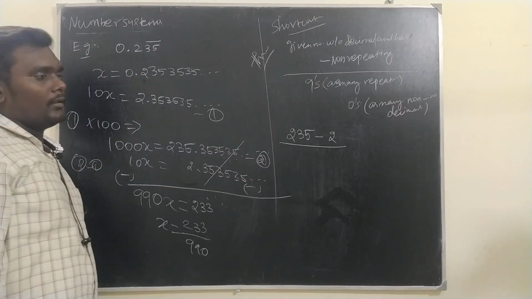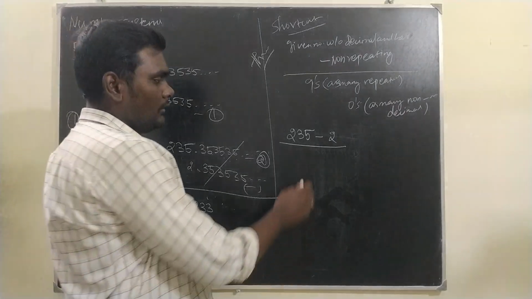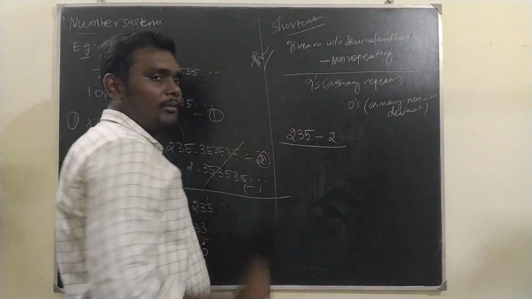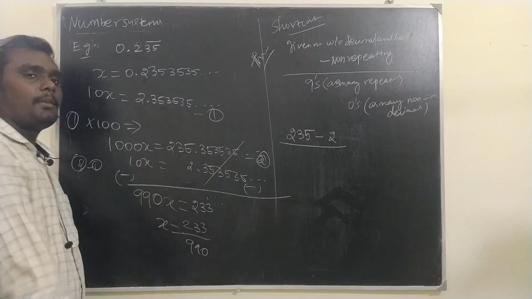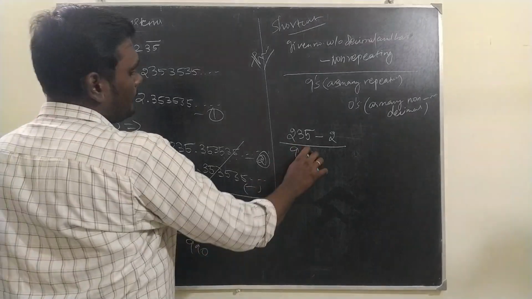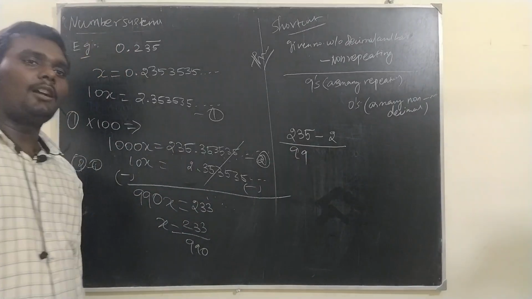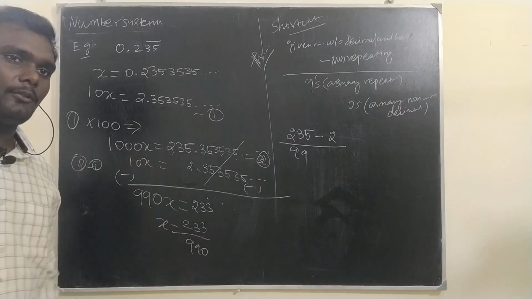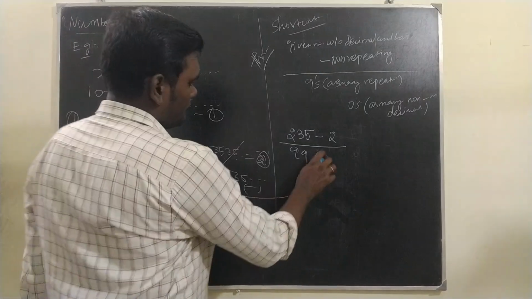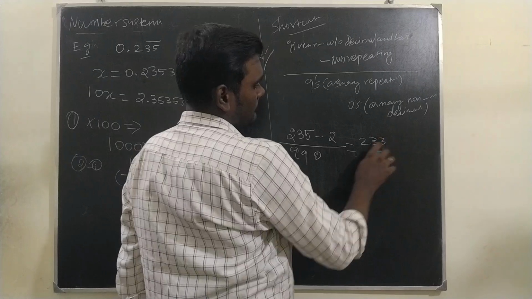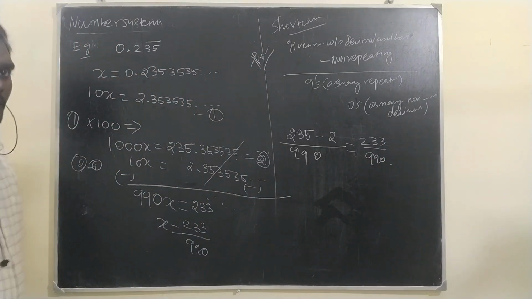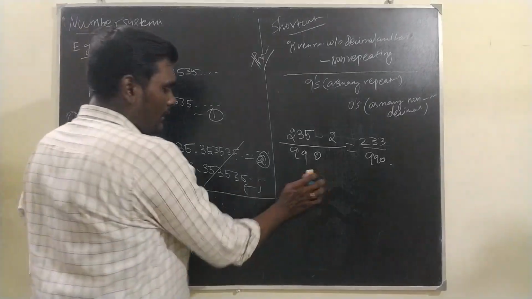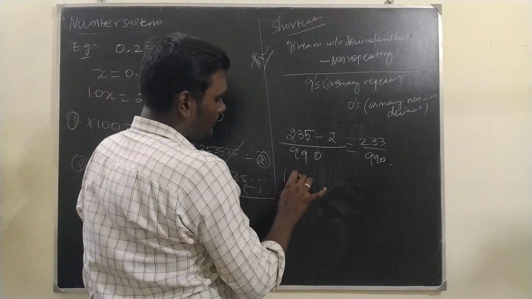Clear? The denominator has 9s, as many as repeating decimals. How many decimals are repeating? 2, so 99. Zeros, as many as non-repeating decimals alone: 1, so 0. So the answer saves time.